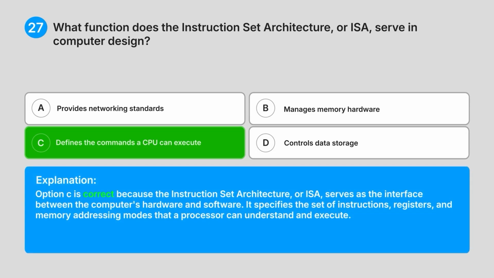Explanation. Option C is correct because the instruction set architecture, or ISA, serves as the interface between the computer's hardware and software. It specifies the set of instructions, registers, and memory addressing modes that a processor can understand and execute.